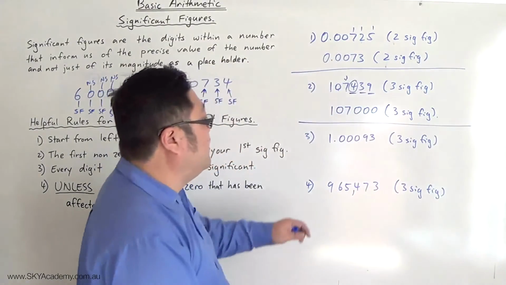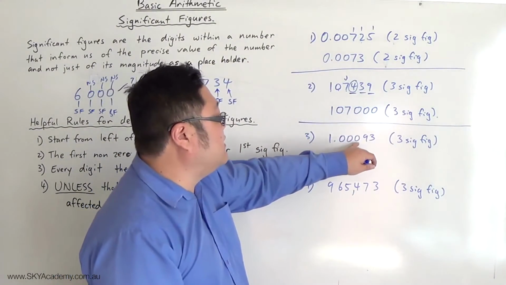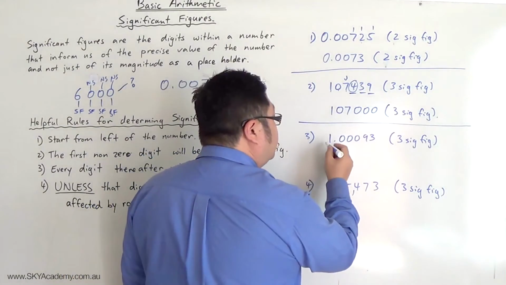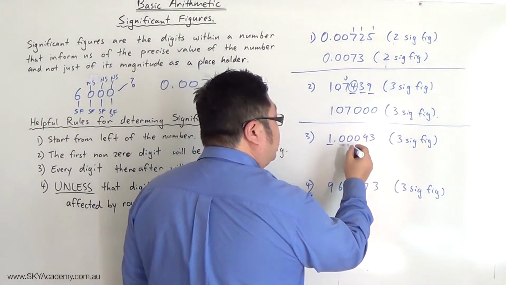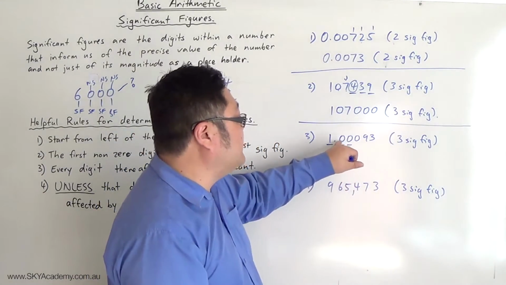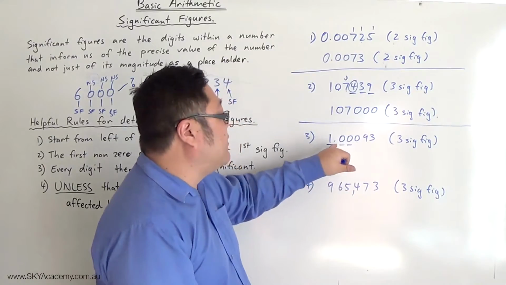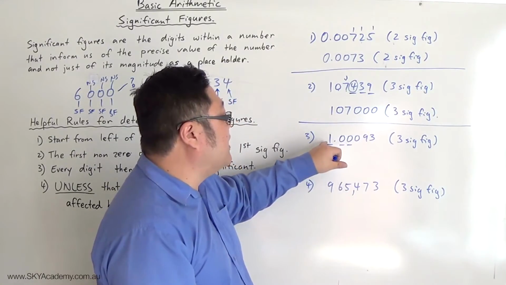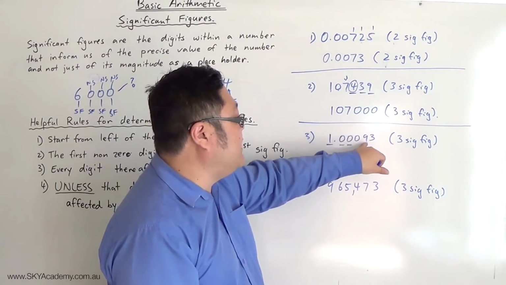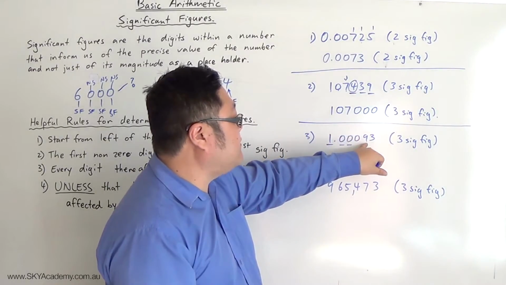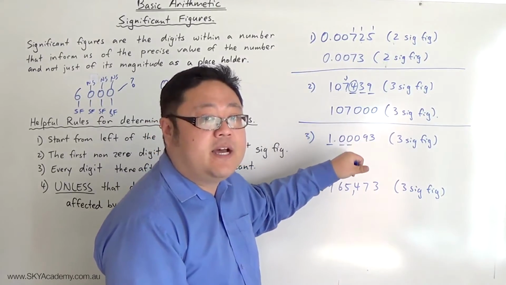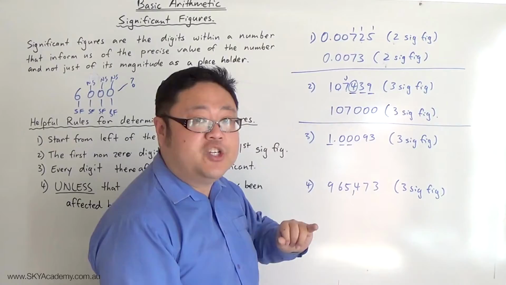Let's have a look at the next one. 1.00093 in 3 significant figures. 1 will be significant, 0 would be significant, and 0 would be significant. The zeros here will be significant, and the reason why is because they lie between 1 and 9. 1 is significant, 9 is also significant, and if they lie between, they're not just placeholders, they're actually telling us the value of that digit.